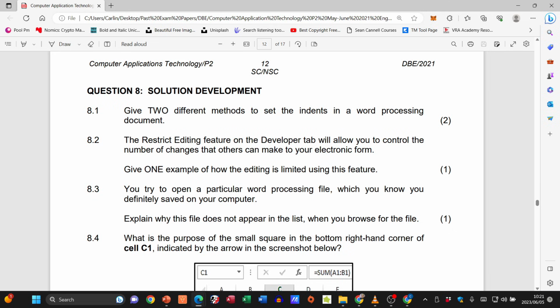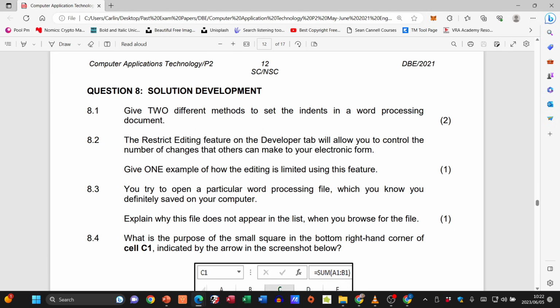They'll only be able to open it and read it. I can also, with this feature, force changes to be tracked. If anyone makes any changes, I can allow comments. I can allow them to only fill in the form. So any one of those reasons are okay.